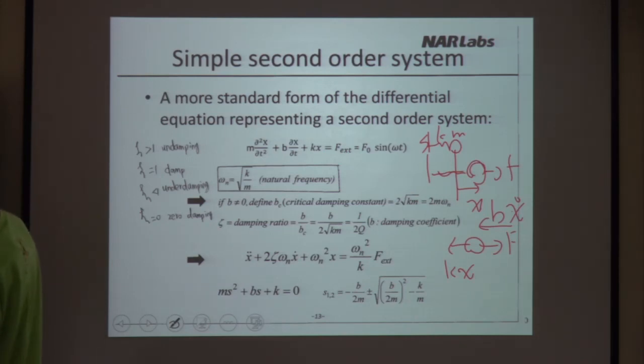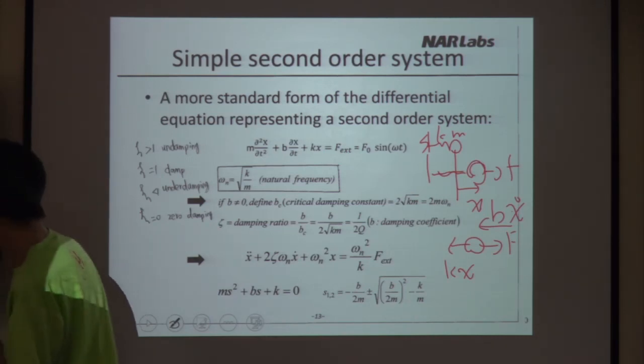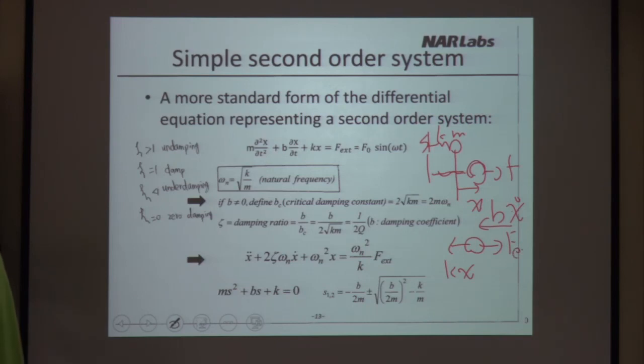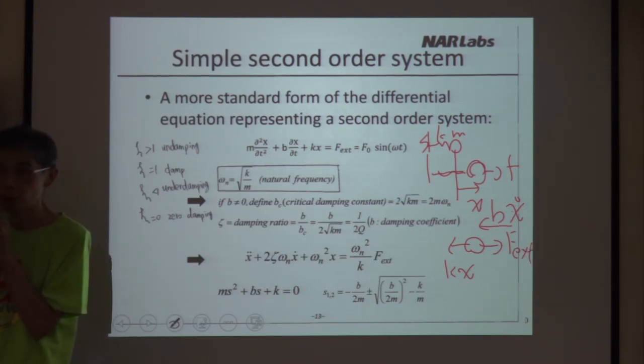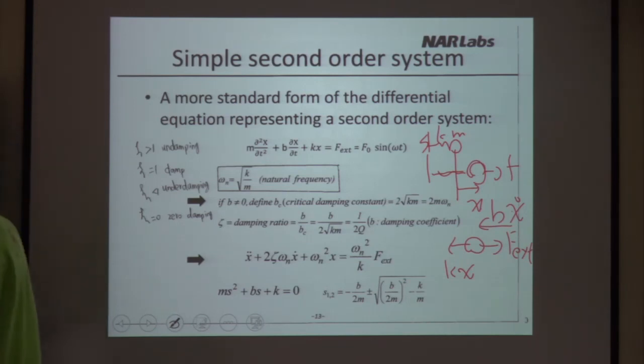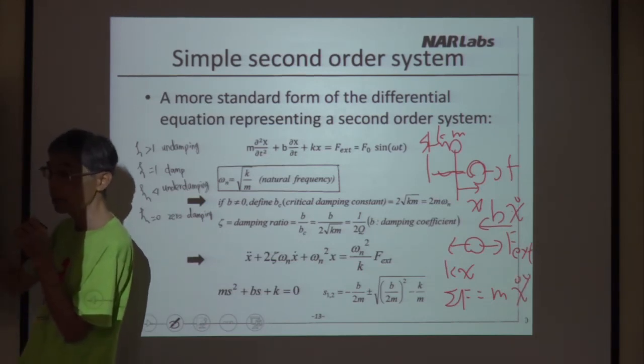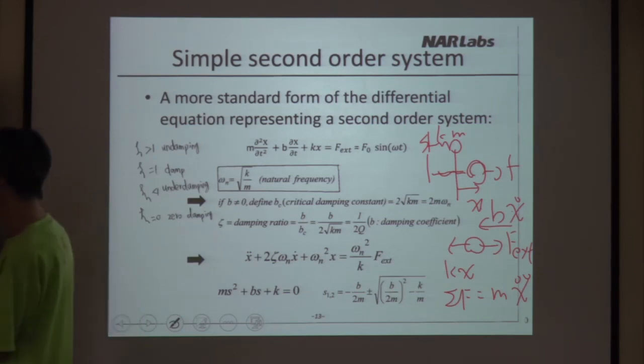So this is Fext. So we apply Newton's second law. Total F equals mass times acceleration. This is Newton's second law. So this is x coordinate.